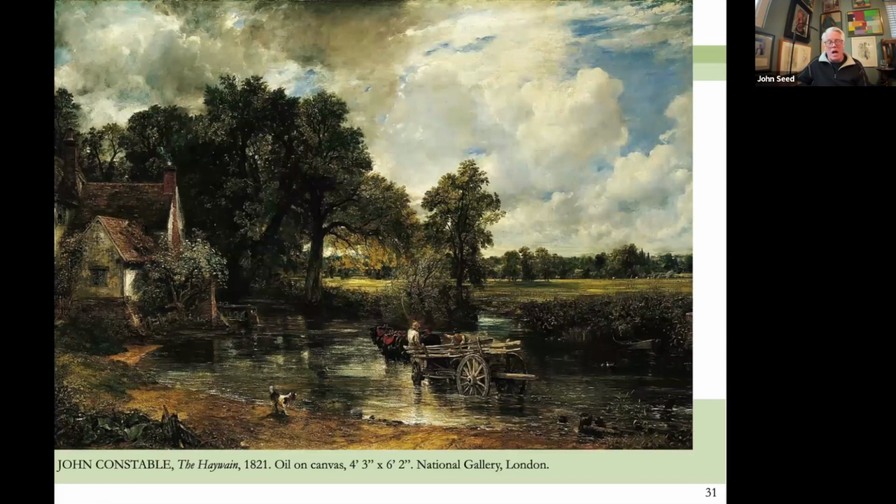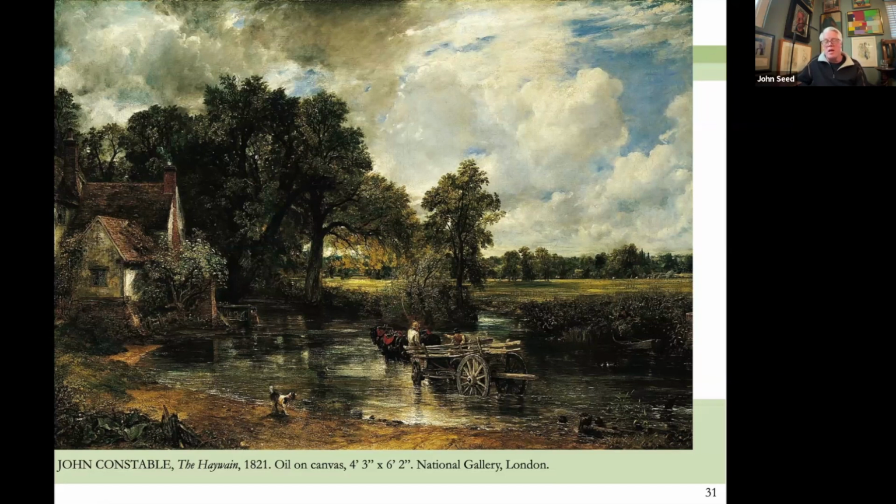John Constable painted this painting that showed a place from his childhood memories, The Hay Wain. It's the most popular painting in the Tate. They sell the most posters of it, and I'm sure the most coffee mugs, because even in 1821, there was a sense that materialism and industrialization was changing the landscape of Britain.